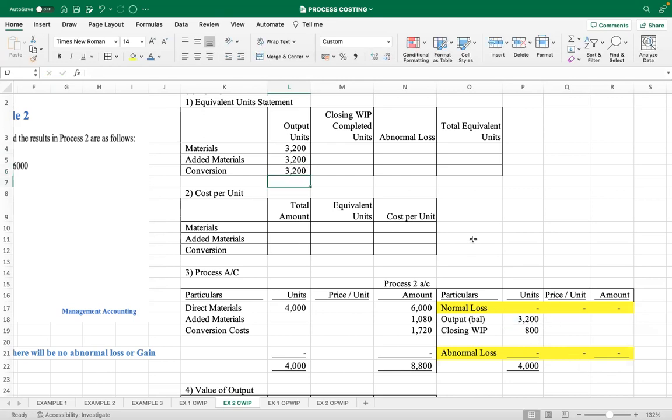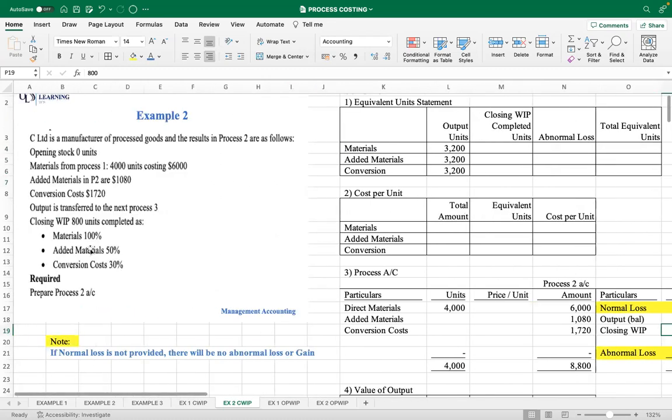Closing work in progress is 800 units, and we were given closing work in progress. 800 units completed as materials 100%, added materials 50%, and conversion 30%.